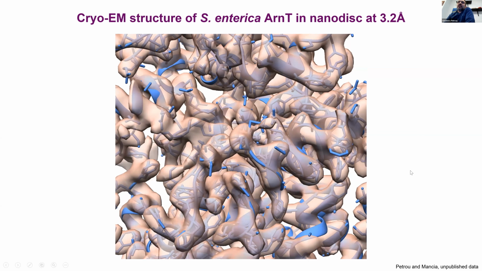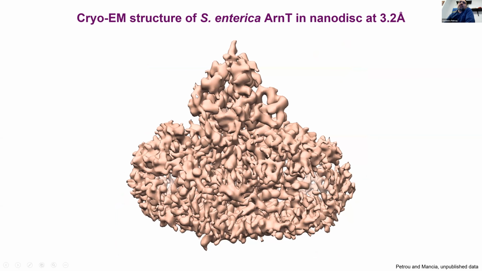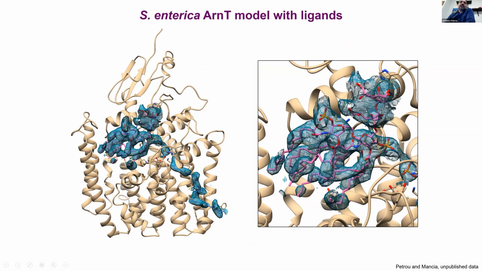And what came as a surprise to us, and I'm going to show you on the next slide, is this density over here. And this density over here is in fact a ligand density. So although for this first attempt, we didn't add any ligands to the lipidic mix of the nanodisc as we were planning, the protein seems to like to bring the ligands down with it.